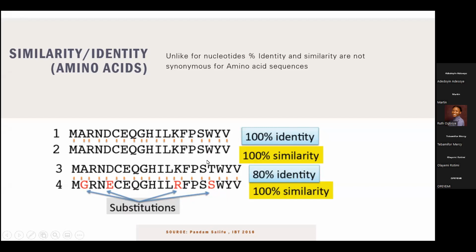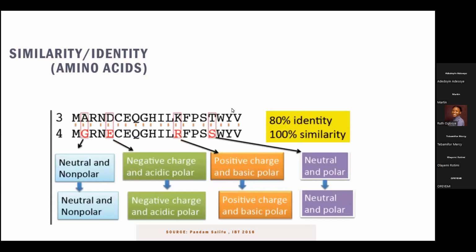So for these two, the next slide will show you. Let me move to the next slide. The next slide shows that these two amino acids have the same properties. That's why you can still say that they are 100% similar. If you had changed it to any other amino acid apart from glycine, the similarity would be affected.